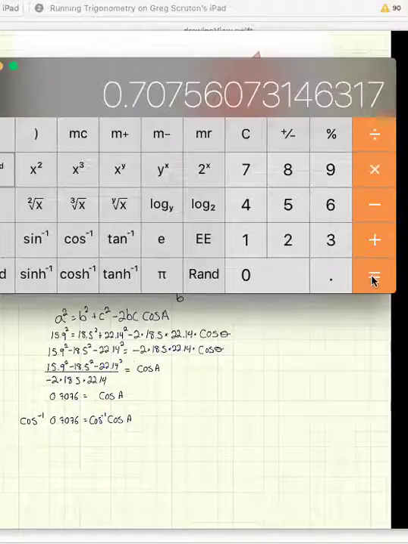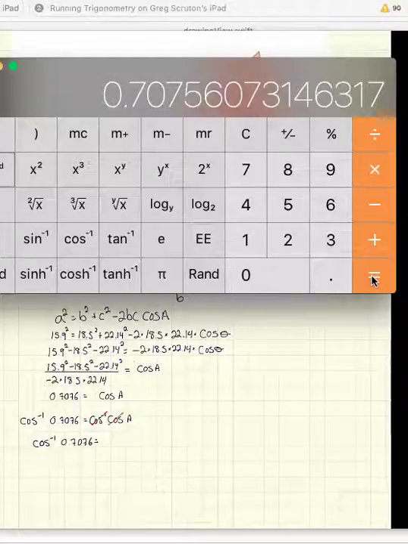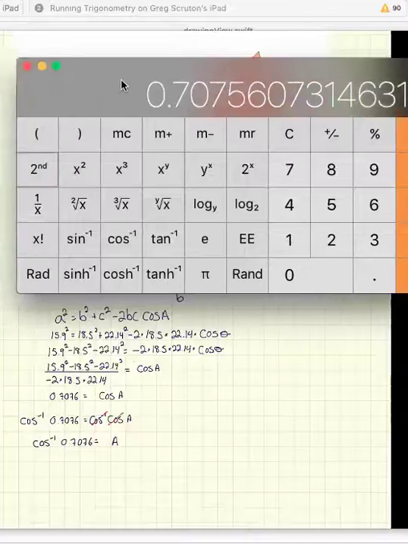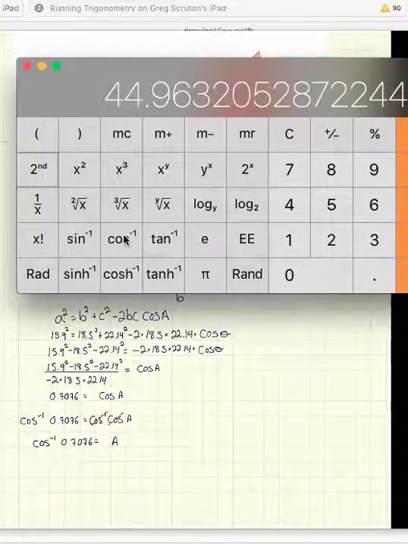But on the right-hand side, the inverse cosine is going to react with the cosine, and we're going to be left with A. So we're going to end up with the inverse cosine of 0.7076 is equal to A. So handy dandy calculator time. I'm just going to take the inverse cosine of this number. And that gives me 44.963 degrees.